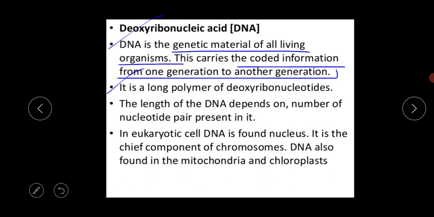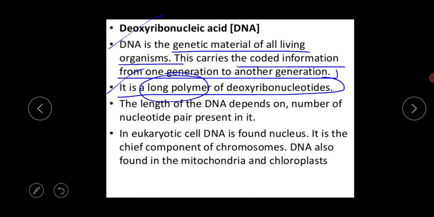The next point is that it is a long polymer of deoxyribonucleotides. What is the meaning of a long polymer? Many monomers come together and form the polymer. So it is a long polymer of the deoxyribonucleotides.